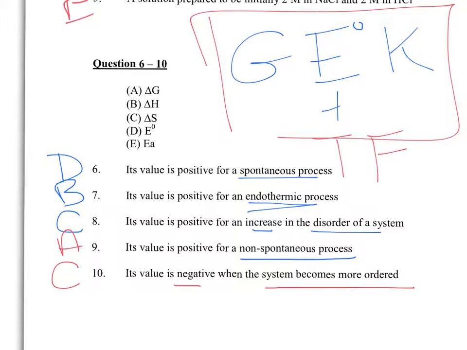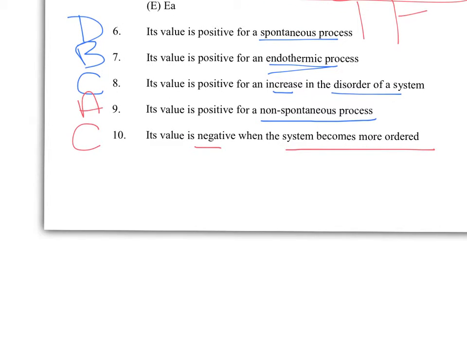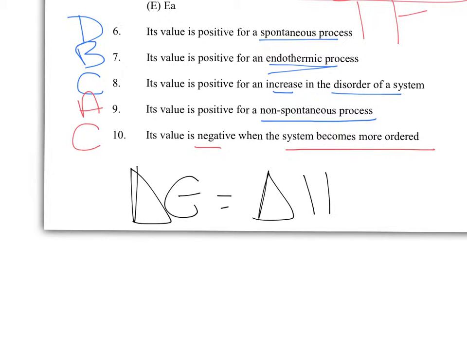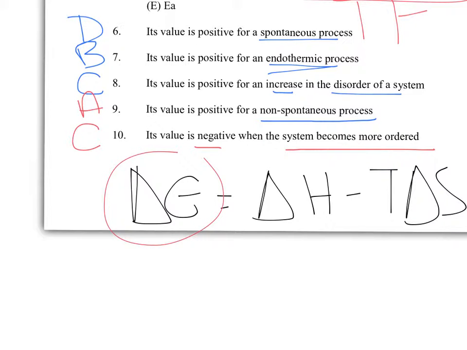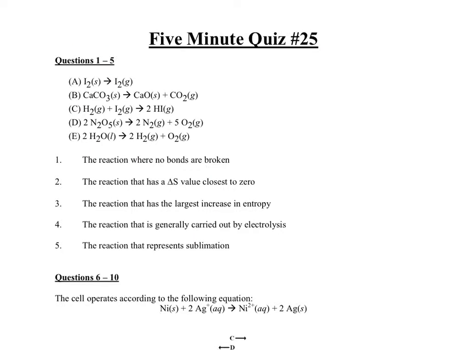The reason they give you an indication is because when you look at delta G equals delta H minus T delta S, what we're looking for is what is delta G. And there are some cases where if this is positive and this is positive, it has the potential to somehow be a negative delta G. Does that make sense? Because depending on the temperature. Okay? All right, very good.